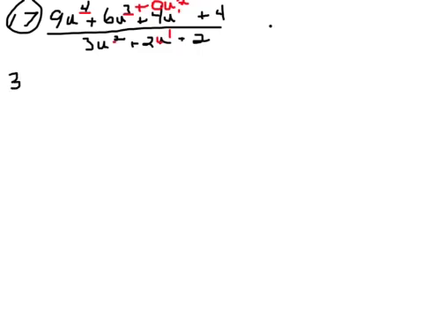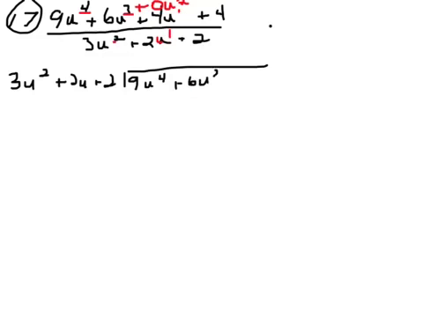It's 3u squared plus 2u plus 2 divided into 9u to the 4th plus 6u cubed plus 0u squared, got to get it in the right order, plus 4u plus 4. Again, make sure you're writing it down where you can read it on your paper. That's supposed to be a plus there, and it looks like a 14 now. Let me put a plus there.